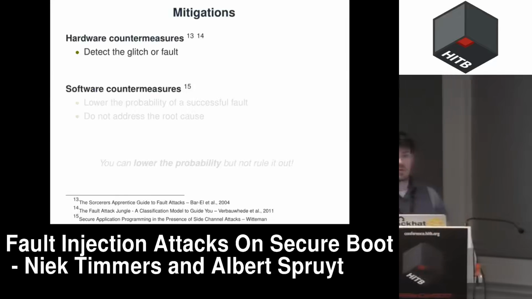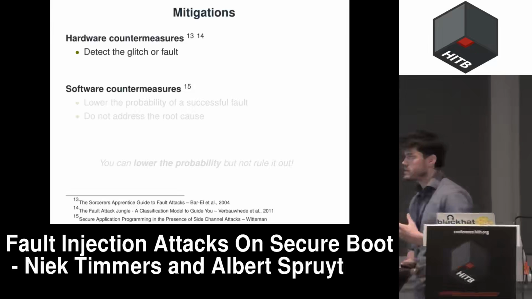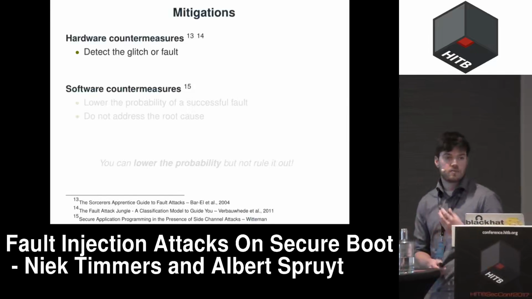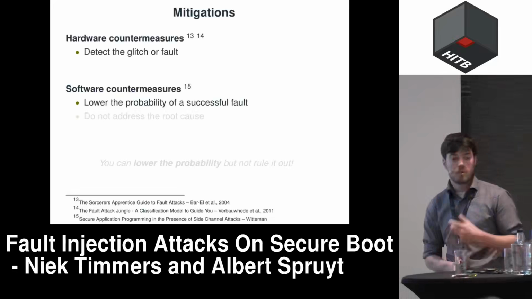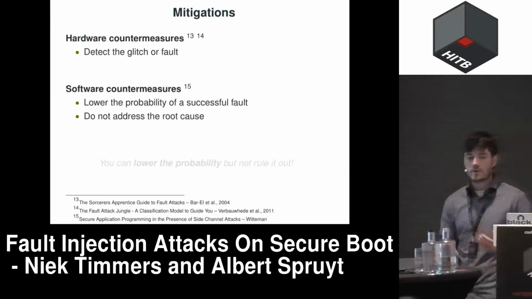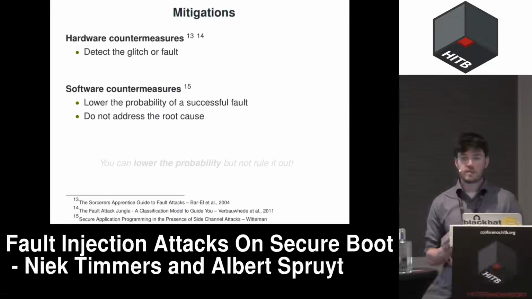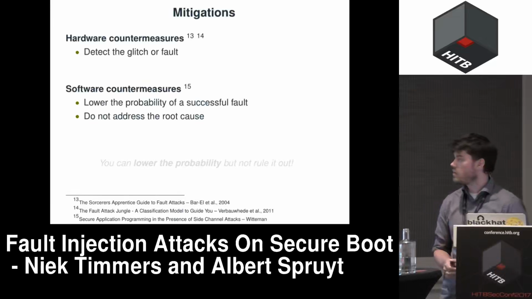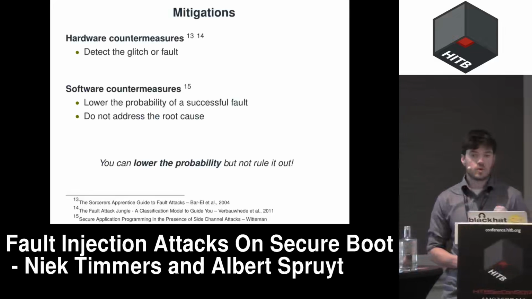It's also possible to use software countermeasures, and software countermeasures can only actually detect the fault when it has occurred. The goal is to lower the probability of such a successful fault. However, because they can only detect the fault when it has occurred, they do not really address the root cause of this issue. You can lower the probability, but you cannot completely rule it out.